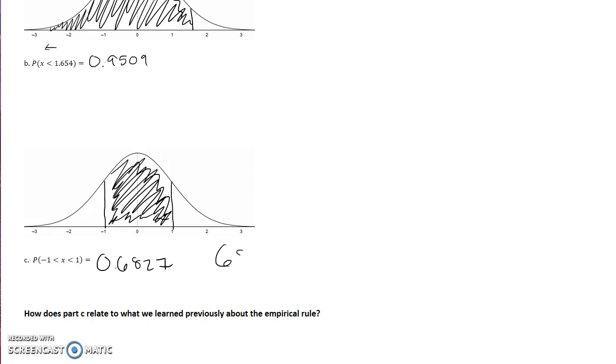Now, or 68.27%. It says, how does part C relate to what we learned previously about the empirical rule? One thing we know about the empirical rule, remember that we said that if a distribution is normally distributed, within one standard deviation, it's 68% of the data. I think we did this in chapter 3 of this course, if you take a look at that.